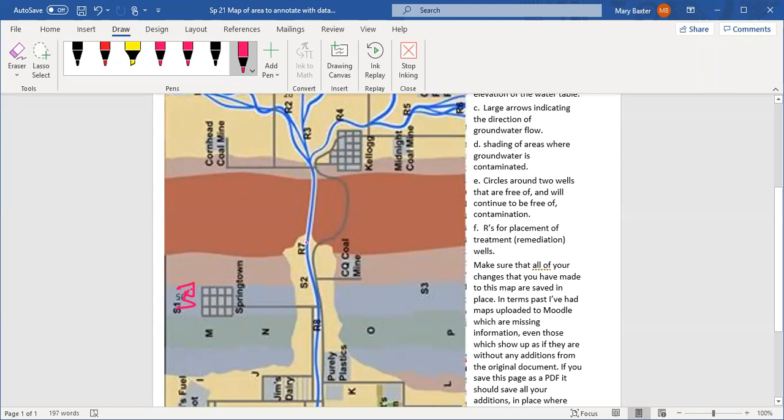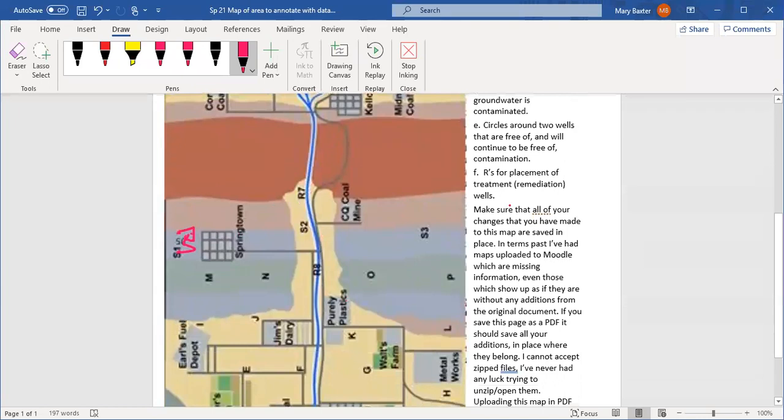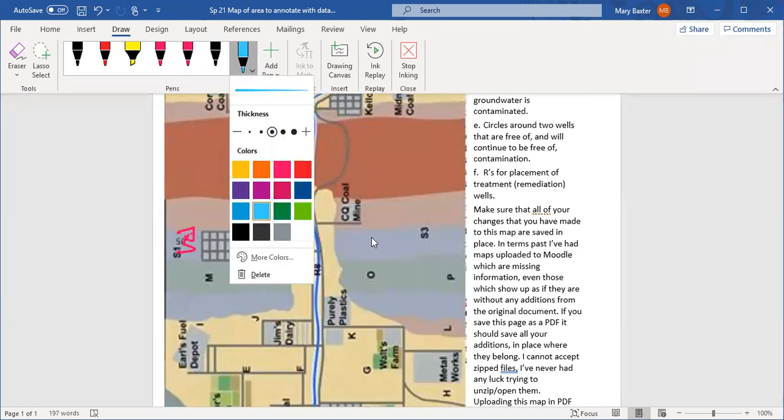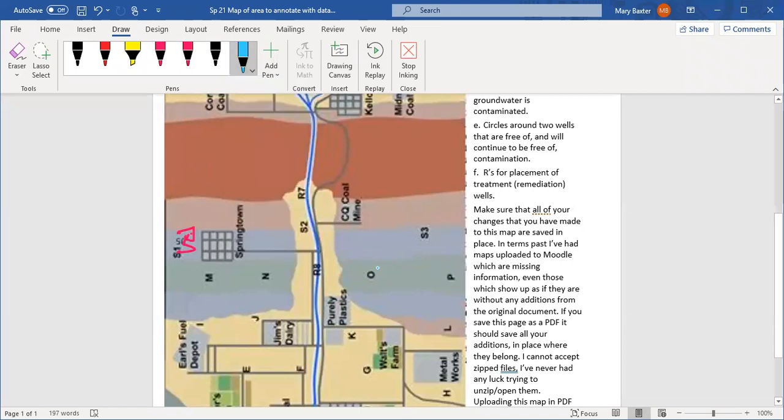Because once you have your contamination documented, then wells upstream that do not have contaminant in them would be good ones to pick to do this with. So granted, you can use a different color, right? Maybe blue. The ones that are good to go are blue. So just an example. I'm not saying that O is, but you could just do something like that. It'll let me do it.